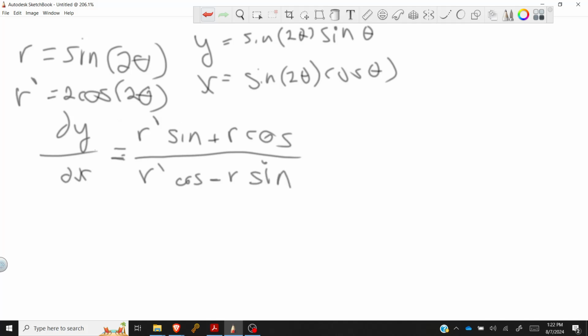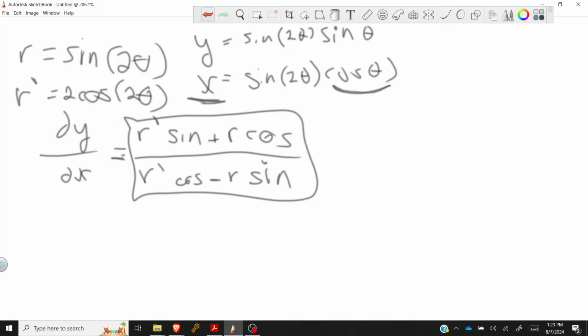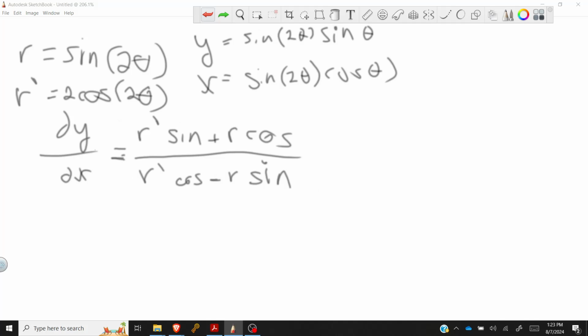So you might have seen this before. This formula is accounting for the fact that when you differentiate x, cosine is going to become a negative sine. So that's why that is there. If you don't remember this formula, it's basically product rule on top divided by product rule on bottom. But this is the shorthand of it. So let's plug that in.